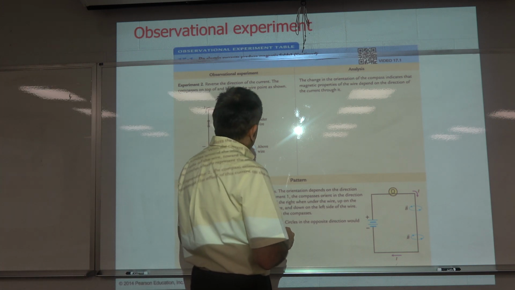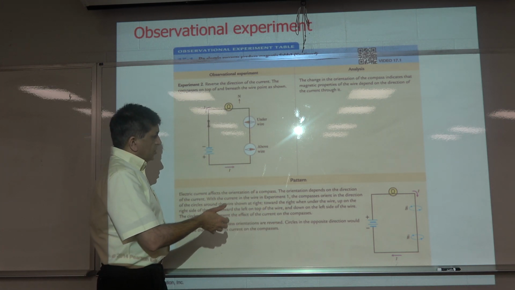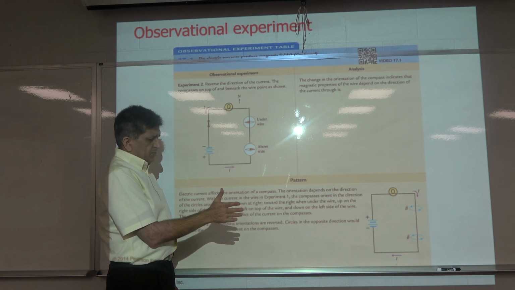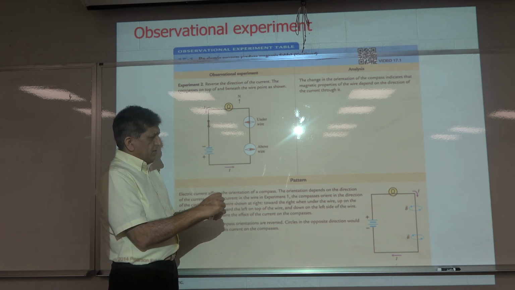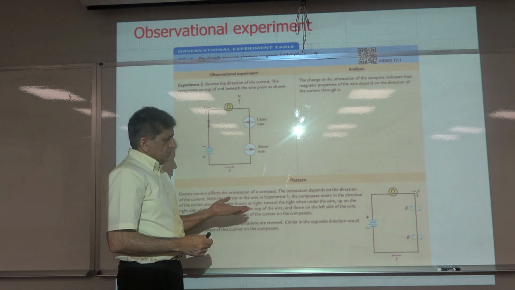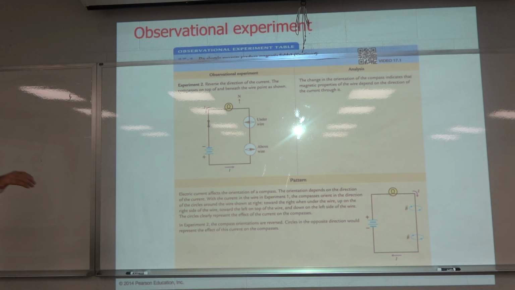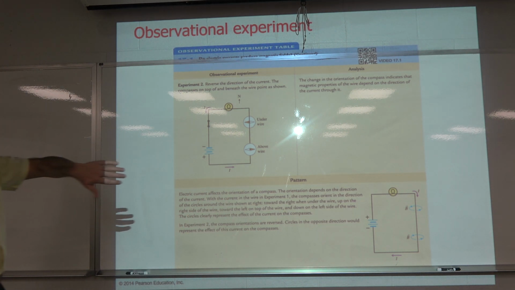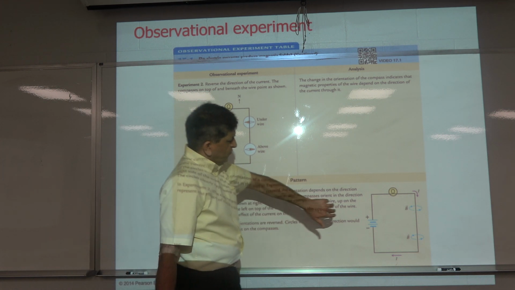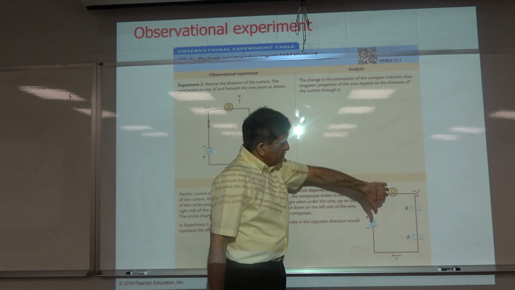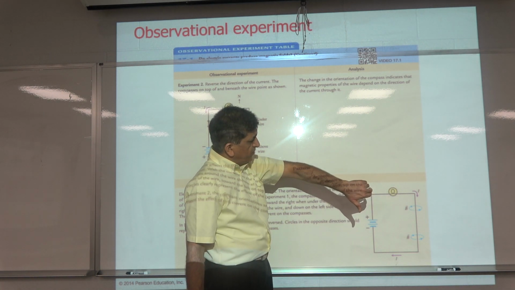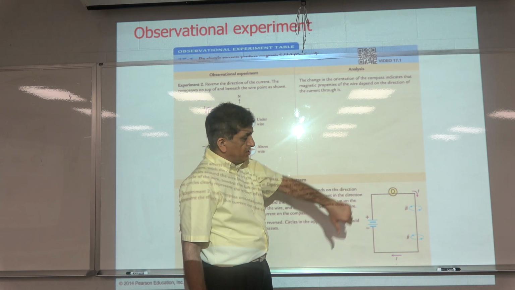Now if I hold this wire in my right hand, in the direction of the flow of the current, you see the current is flowing from the positive terminal, so my thumb points in the direction of the current, and my curled fingers will be pointing in the direction of the magnetic field.